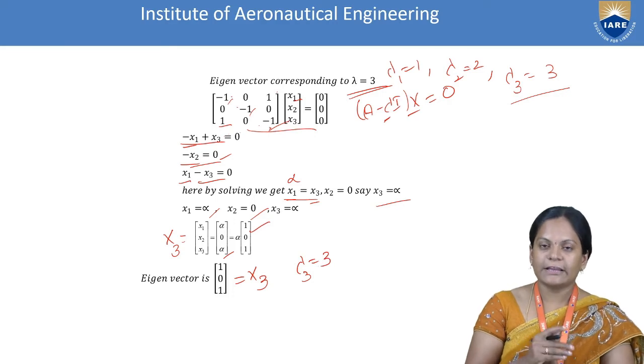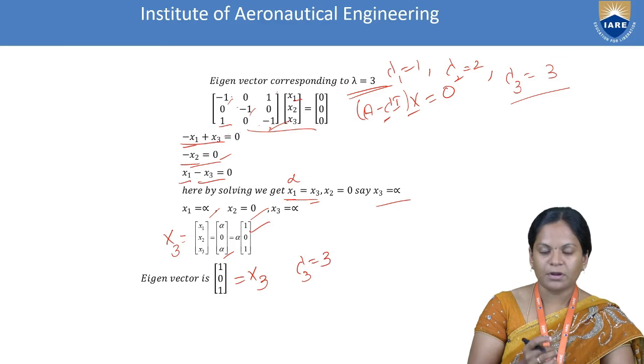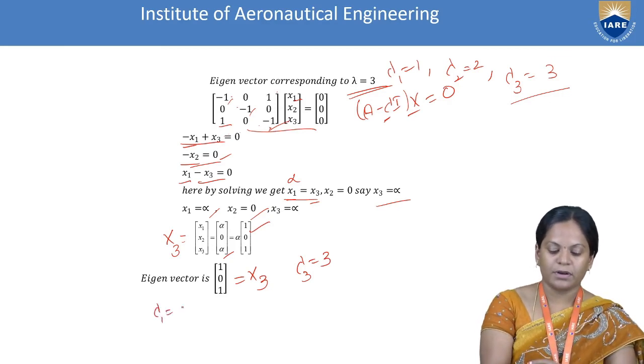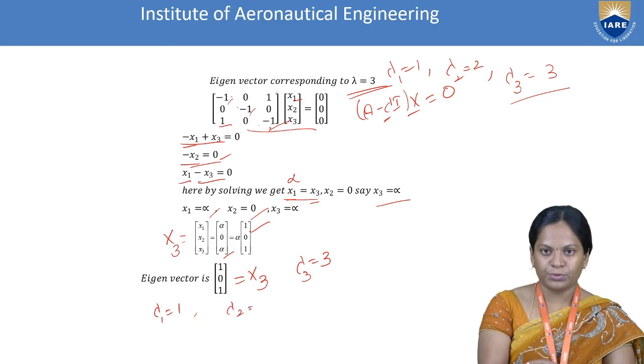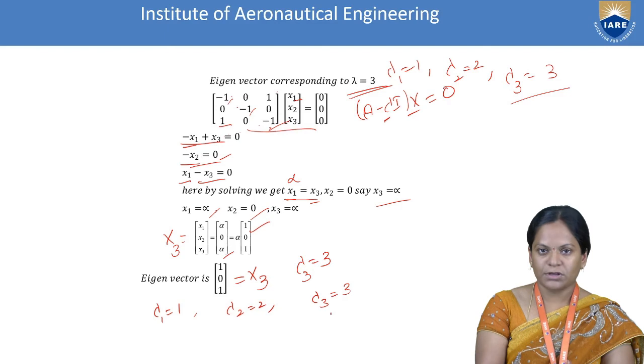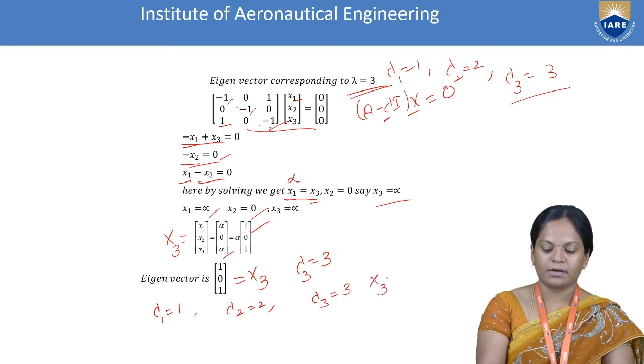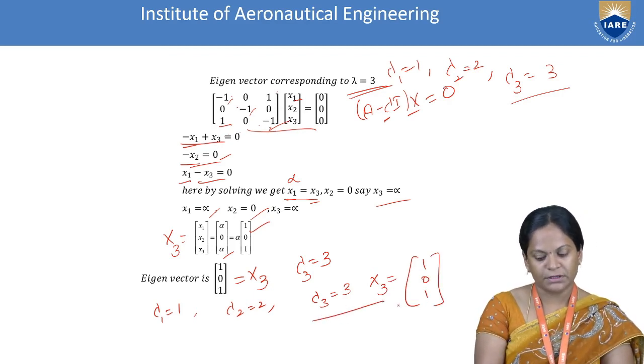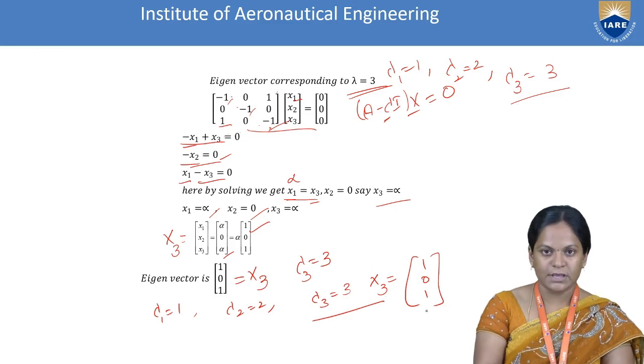So we have 3 different eigenvalues, and corresponding to each lambda, we have a different eigenvector. If we take lambda 3 equal to 3, the eigenvector is capital X3 equal to 1, 0, 1.